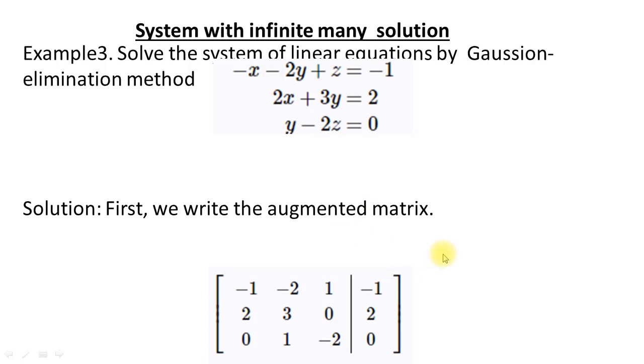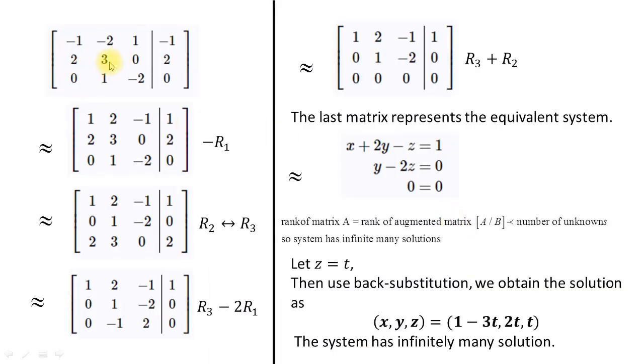Now perform row operations to convert this augmented matrix to the echelon form. First of all, multiplying the first row by minus 1, we obtain 1 2 minus 1 1. The first entry is 1. In this main diagonal we need 1s for the echelon form.